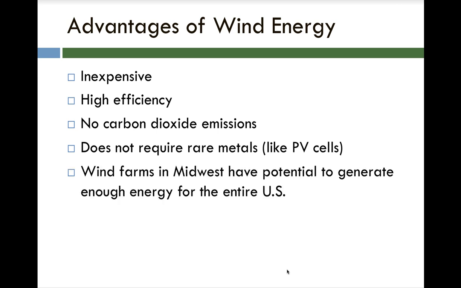Experts have estimated that if we were to cover the Midwest with wind farms, we would have the potential to generate enough energy for the entire United States, which is kind of incredible. Not sure that the farmers in the Midwest really want wind farms covering their fields because it makes it kind of hard to plow, but that is what the experts tell us.